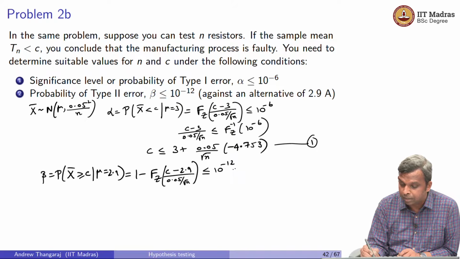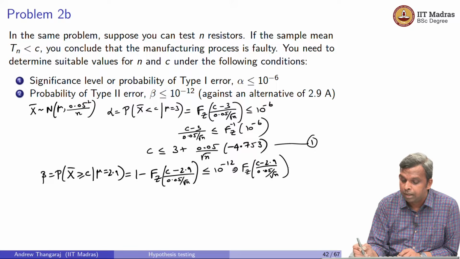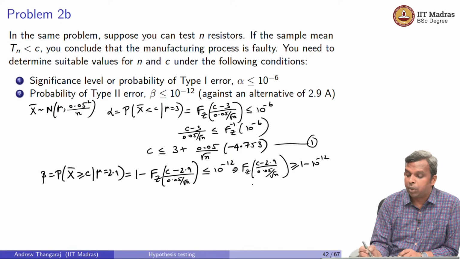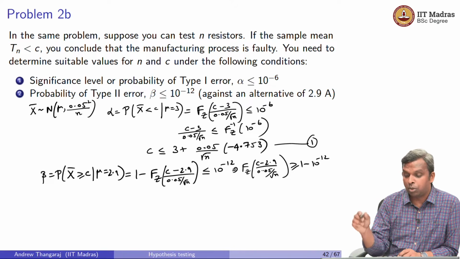So then now this will give me Fc. So this implies Fc of (c minus 2.9) by (0.05 by root n) is greater than or equal to 1 minus 10 power minus 12. Again, you can do an Fc inverse, but Fc is a monotonic function.